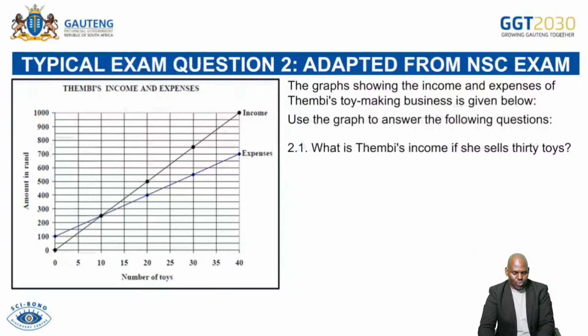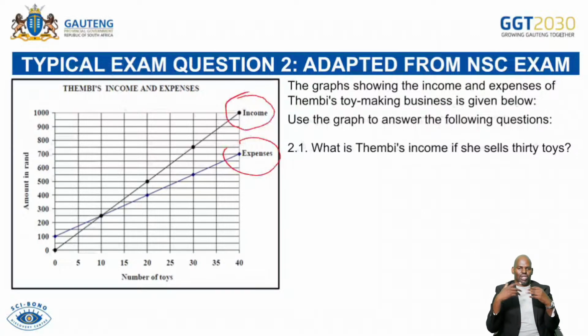Now, from these graphs, we need to know which one is for income and which one is for expenses. So, of course, they are clearly labeled that this one is for income and this one is for expenses. So it means in this case, boys and girls, you must be able to interpret the information that is given on the drawn graph.